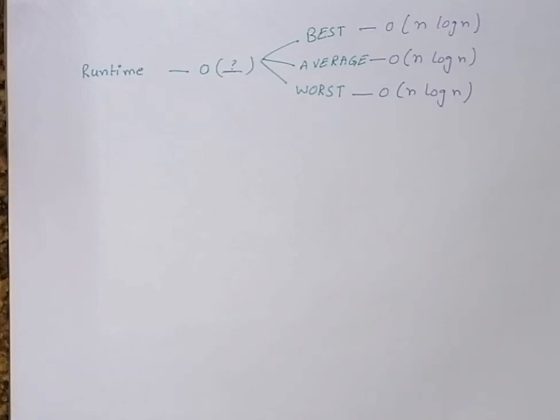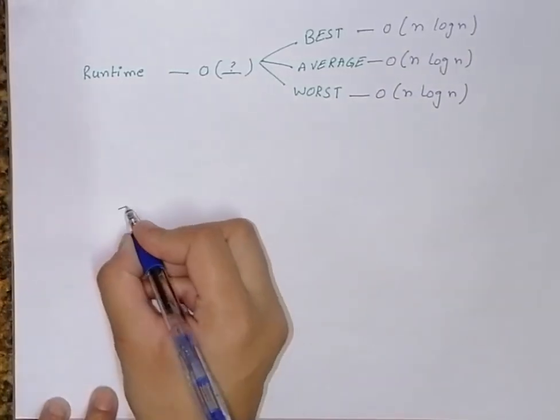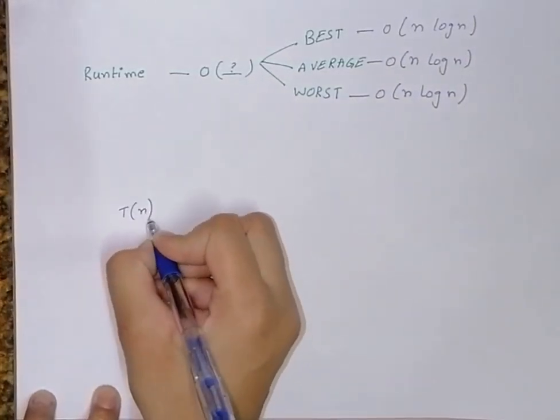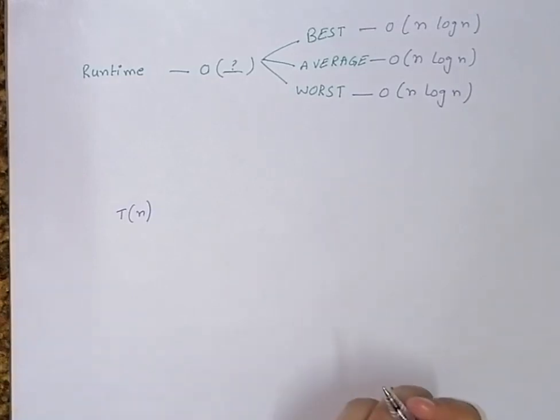Okay, so there is one more important thing left, and that is the representation of merge sort in the form of a recursive relation or recursion and mathematical equation. In order to represent merge sort, the equation is actually the run time of the merge sort algorithm.